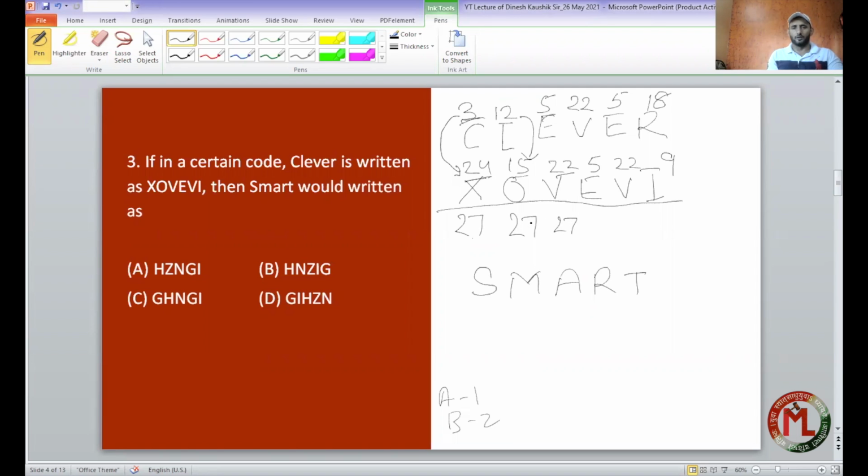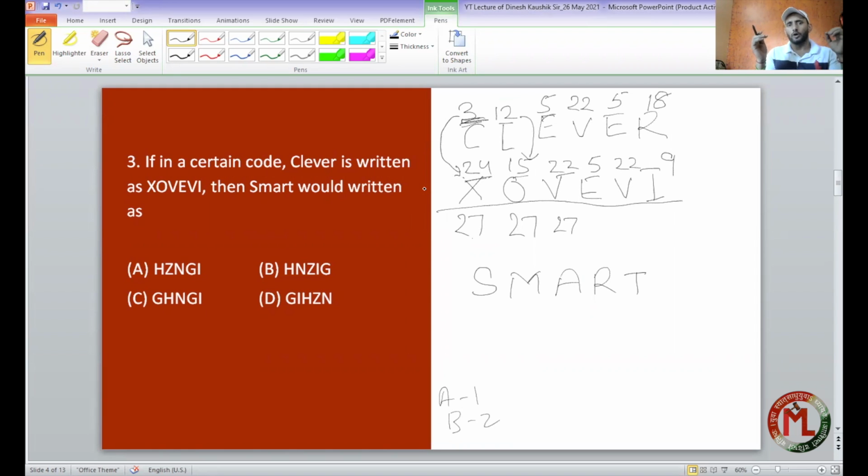Fine. This is one logic. Another logic, you can check why is it happening. If C is the third letter from the beginning, you can check X is the third letter from the end. So this is called a complementary pair. Initially we are starting from the front, and then in the answer we are approaching from the back end.